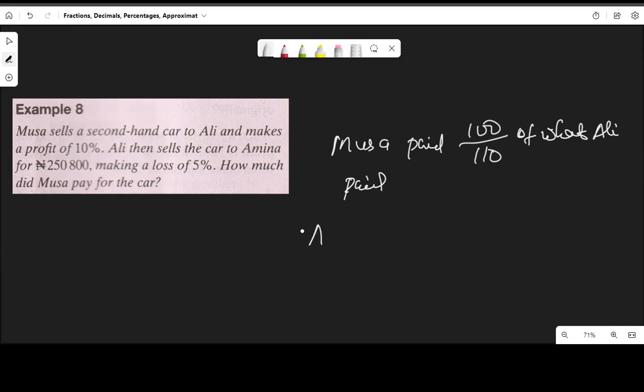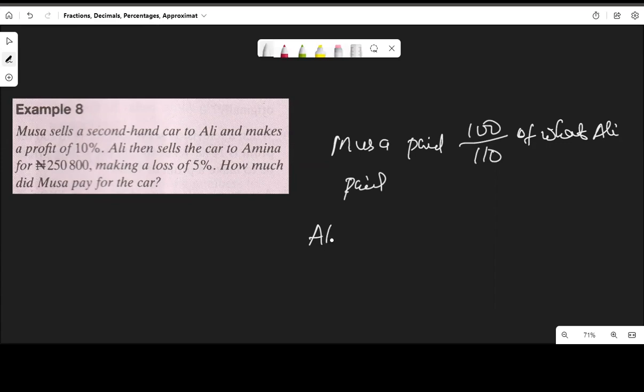And Ali sells the car to Amina for 250,800, making a loss of 5%. A loss of 5% will be 100% minus 5, which is 95%.